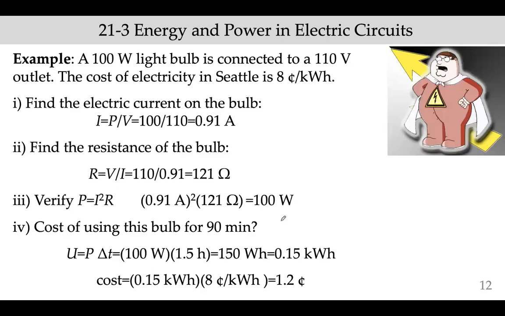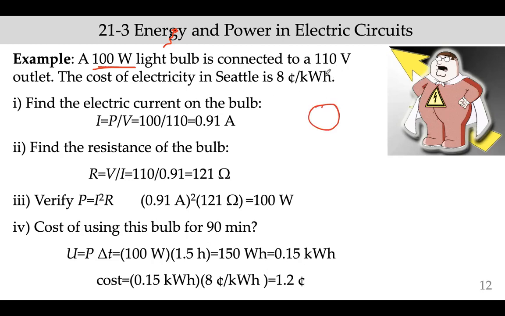So let's do this example. A 100-watt light bulb. So this is the power of the light bulb, and the power is also related to how much light it gives out. It's connected to a 110 volt outlet. The outlet is on the wall.